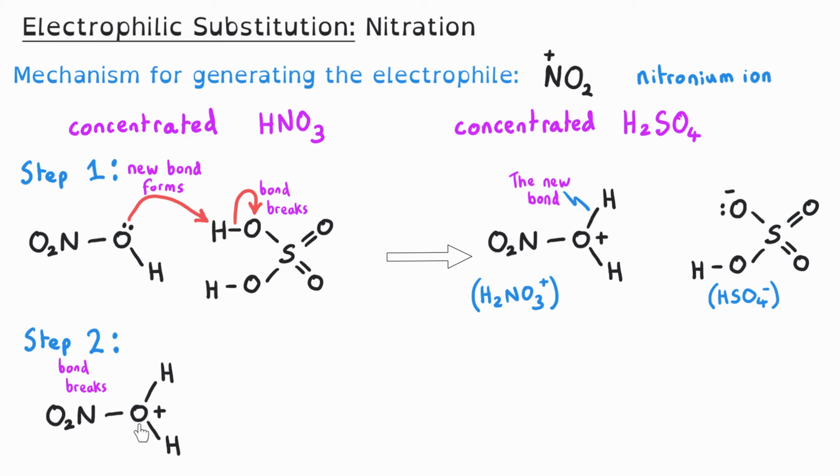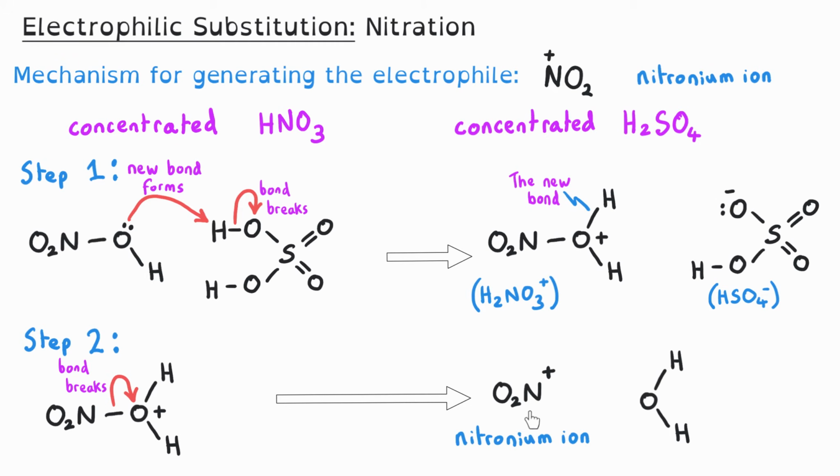And it's the oxygen atom, with it being positive at first, that takes both of those electrons out of that covalent bond, taking them away from the nitrogen, and this oxygen becomes neutral. And in fact, what it becomes is a water molecule, which is why the generation of the electrophile produces 1 molecule of water. Meanwhile, the nitrogen, which had its electrons taken away from the covalent bond in step 2, is now positively charged.